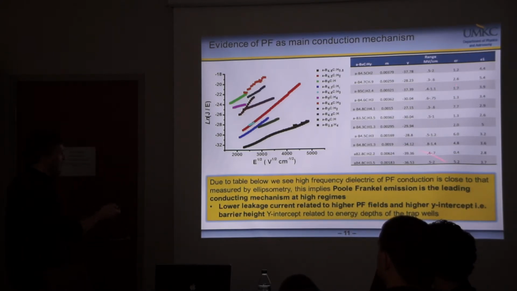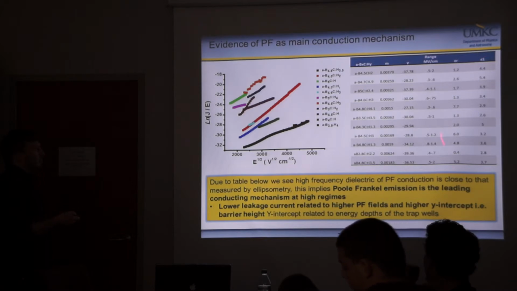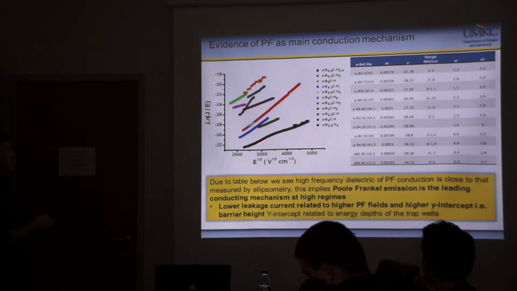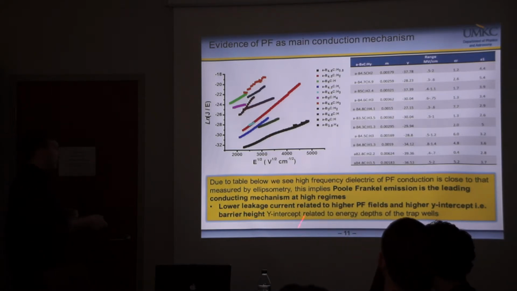So for these films that we have here, we see that Poole-Frankel is actually the leading conduction mechanism in these high field regimes, just due to the fact that these dielectrics are close to what we measured. And we also see that the ones that have low leakage current in fact have higher y-intercept, and that y-intercept is actually related to the energy depth of the wells.